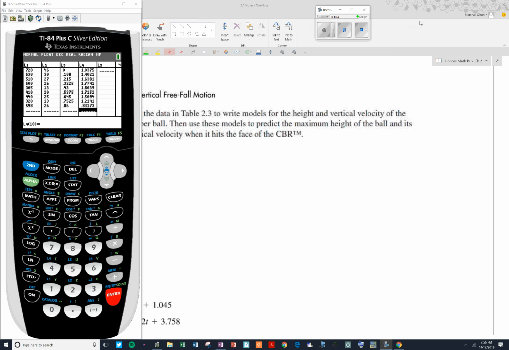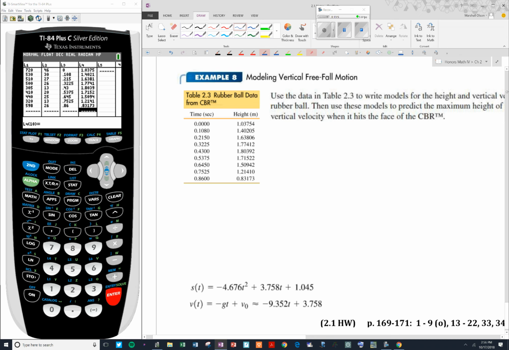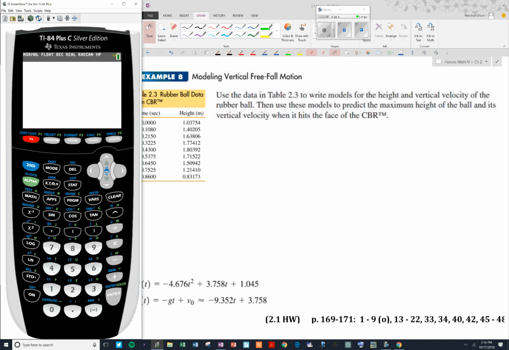The magic of YouTube. All right, so we've got all those numbers in now. I put them in list 3 and list 4 so that I could keep my list 1 and list 2 the way they are for working on other examples. What we want to do is graph those two lists, and if you want to do yours in 1 and 2, that's fine. But I'm going to leave mine there, go to my stat plot here.